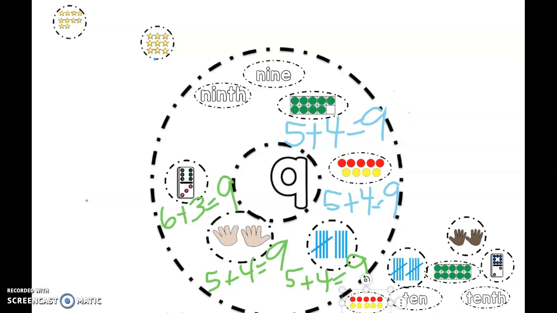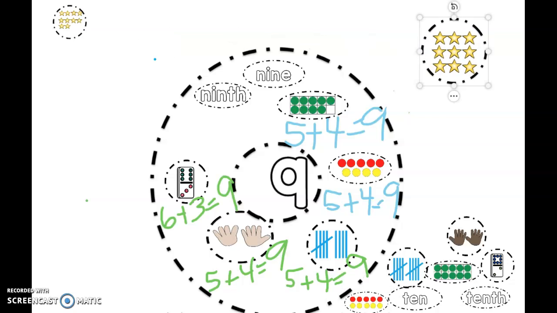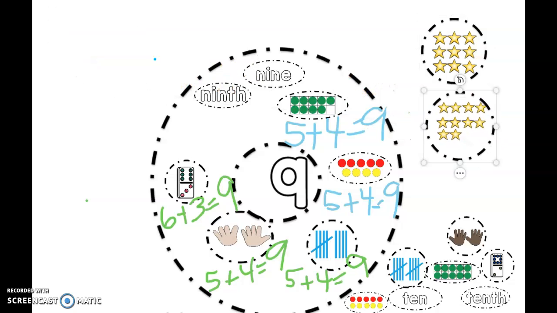All right, all that I have left are our stars. So let's bring both of them over and see which one you think might have 9. The top or the bottom? This is a little tricky. All right, I see 3, 3, and 3 on the top one.